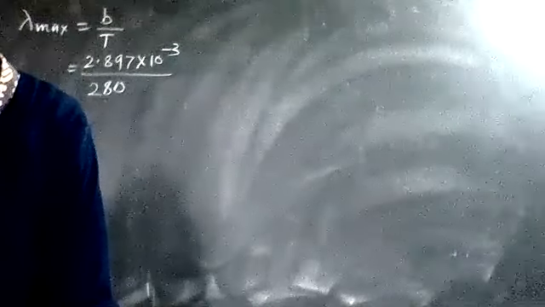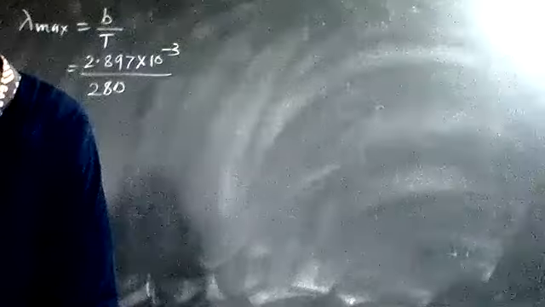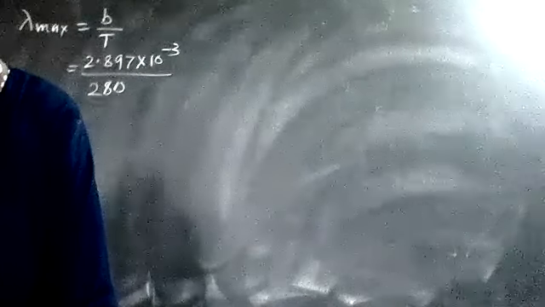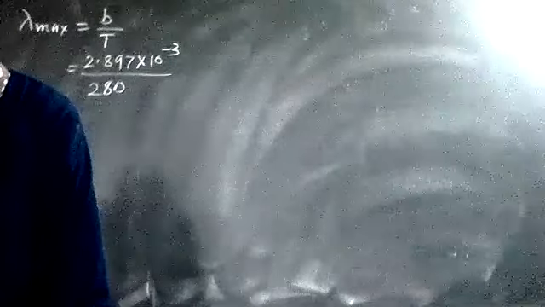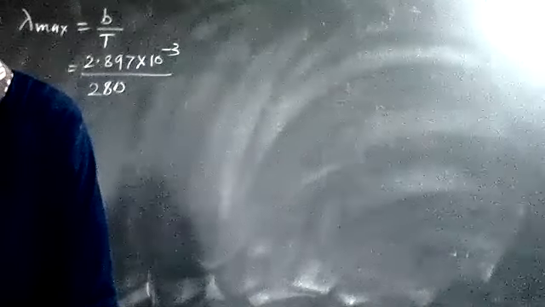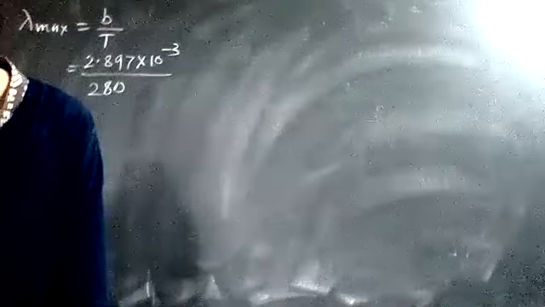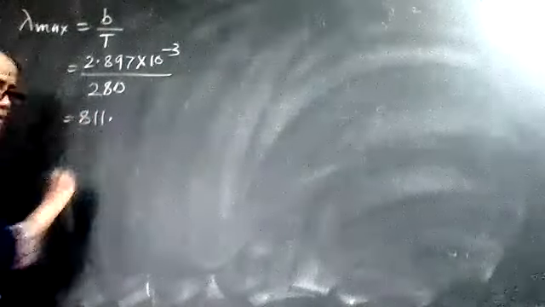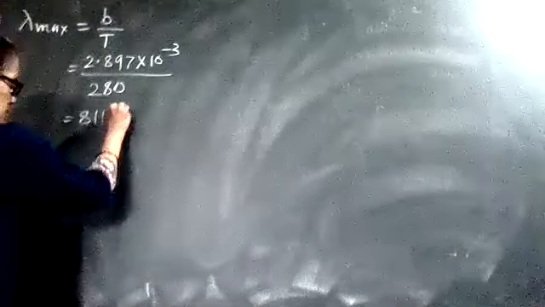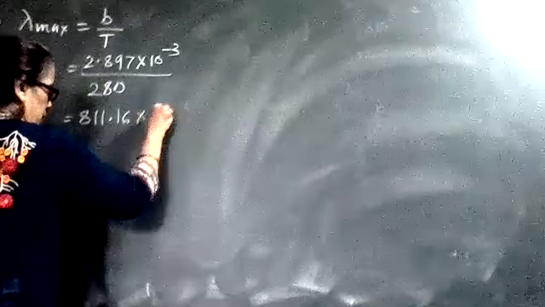So the division is, see here, 2.897 divided by 280. So it will come 811.16 into 10 raised to minus 1.